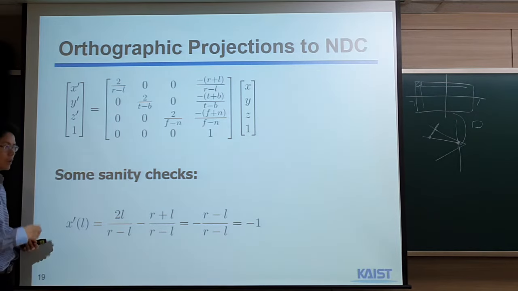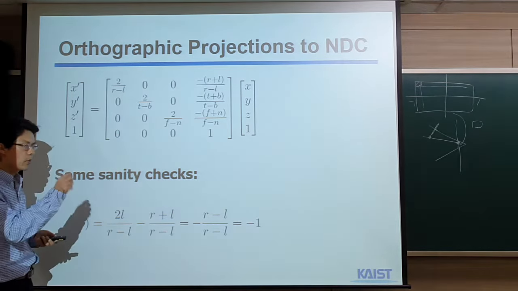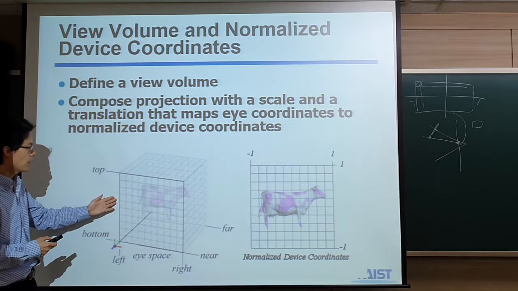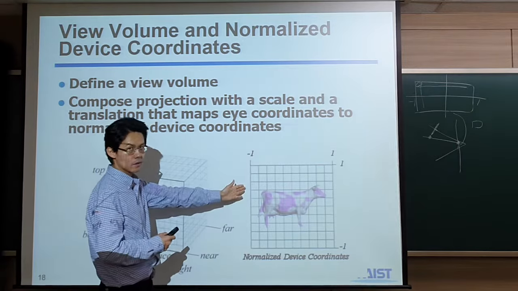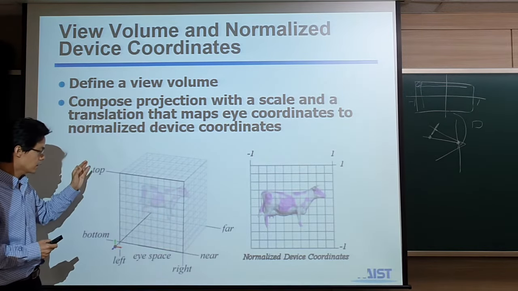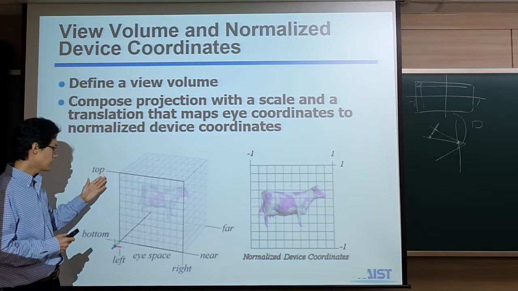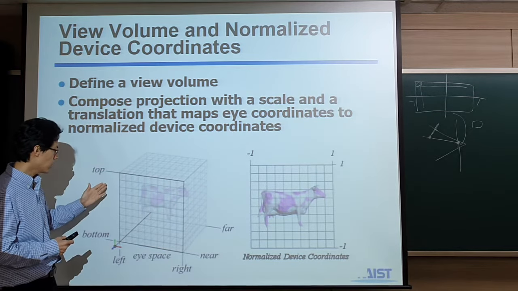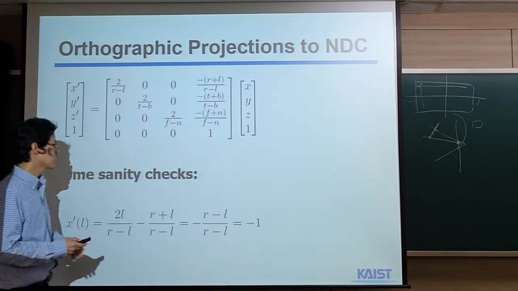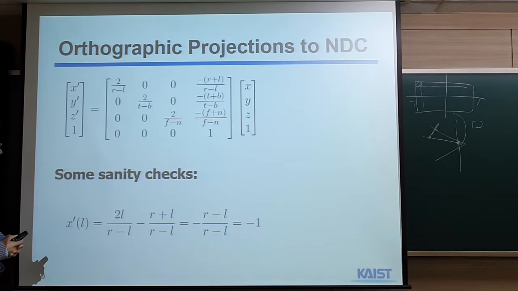For example, if you provide a point with x value L, the left one, what's the corresponding point in NDC space? If the x value is located at the left, it should map to -1, right? Let's see whether it gives us -1 or not.